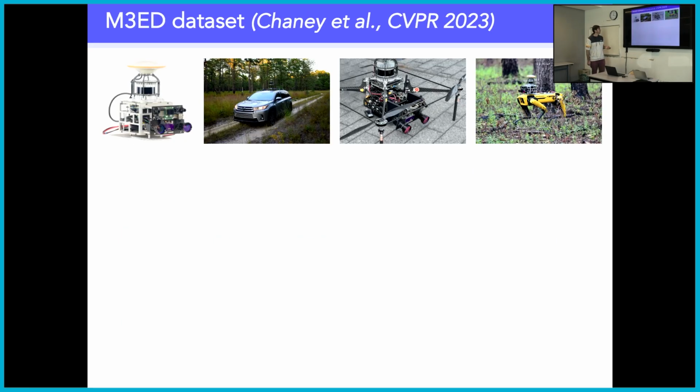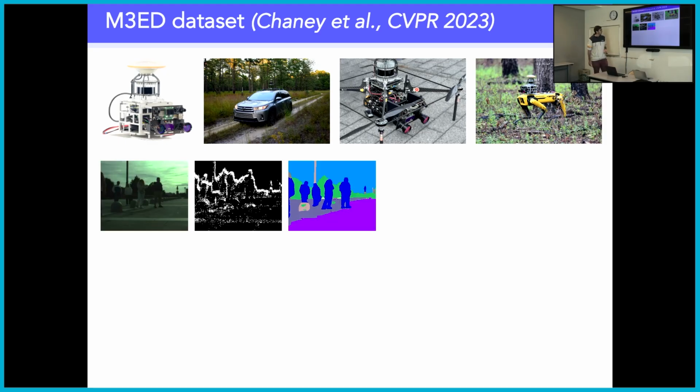So we use this M3ED dataset that was collected by Shani and collaborators and presented at CVPR. They collected a lot of data with a system that has two cameras, a stereoscopic system, an IMU, and a LiDAR, so they have the ground truth for many different properties of the scene, and they collected data in the field with a car, on a drone, and on a quadruped.